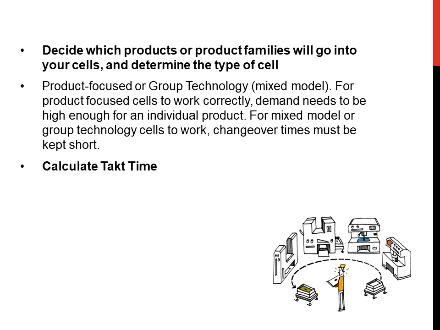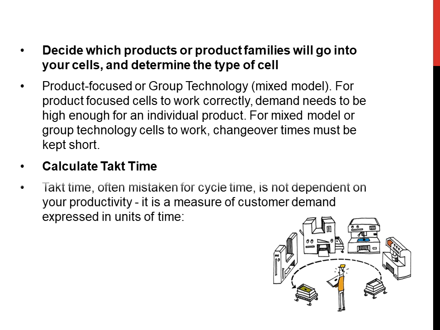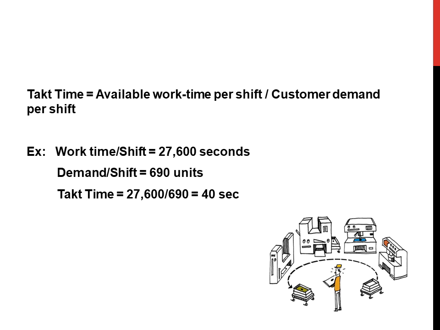The next step you take is to calculate takt time. Takt time, often mistaken for cycle time, is not dependent on your productivity. It is a measure of customer demand expressed in units of time. Takt time is equal to available time, or work time per shift, all over customer demand per shift.